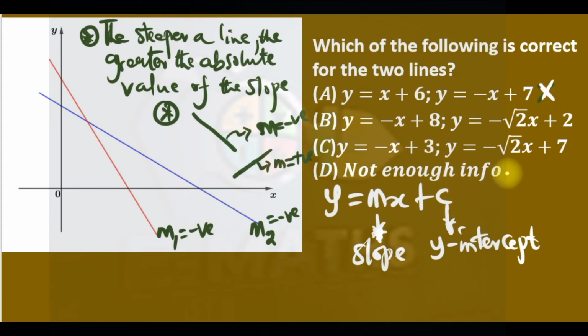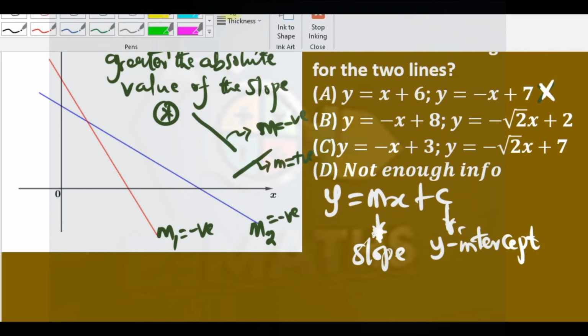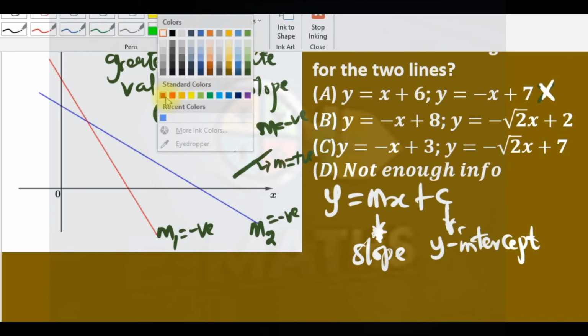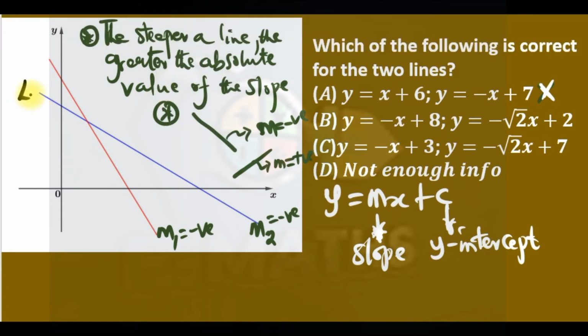So let's not just pick this. We need to be careful here. The slopes here are negative, but from what I just defined, one is steeper. As you can see, if we call this L2 and this L1, L1 is steeper than L2.